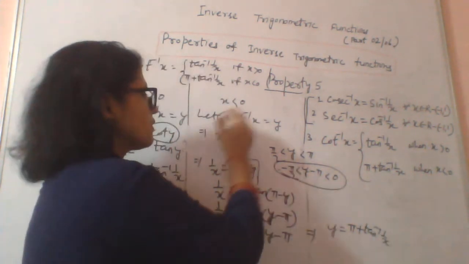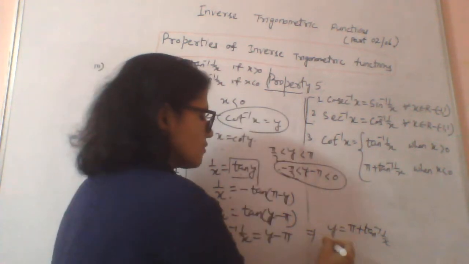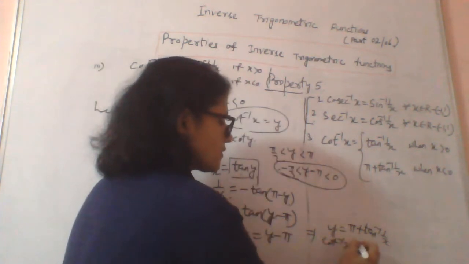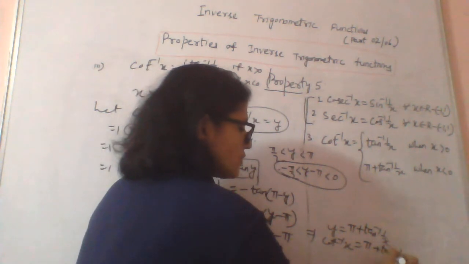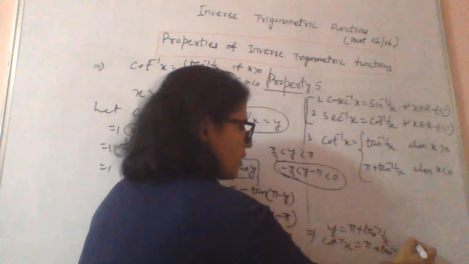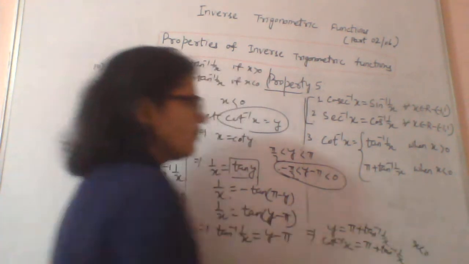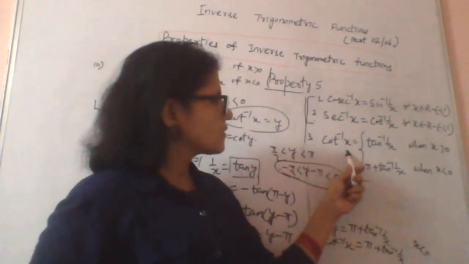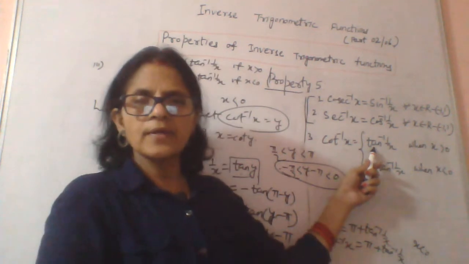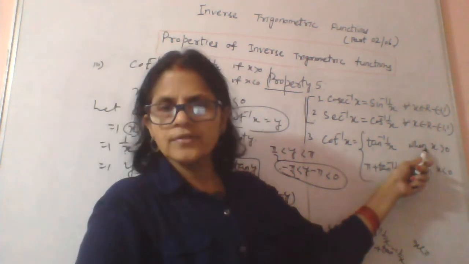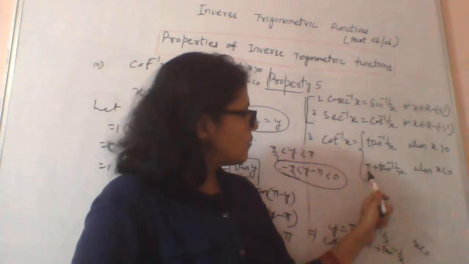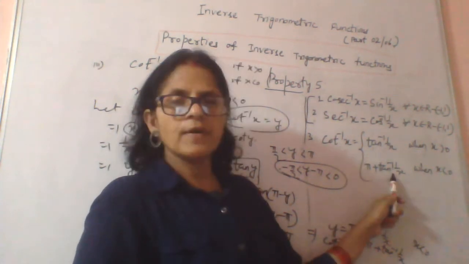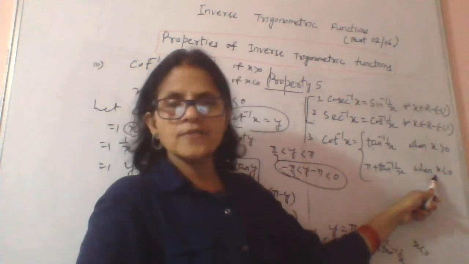Y here is cot inverse x. So cot inverse x equals tan inverse 1 by x when x is greater than 0, and cot inverse x equals pi plus tan inverse 1 by x when x is less than 0.